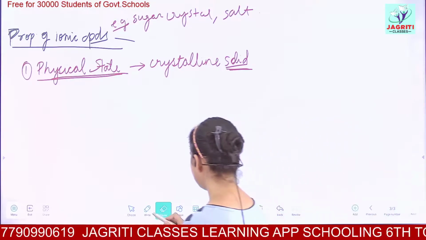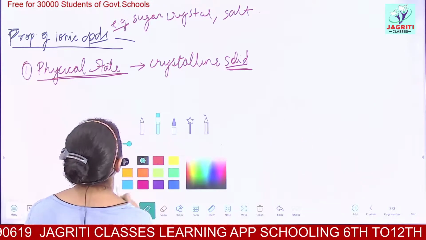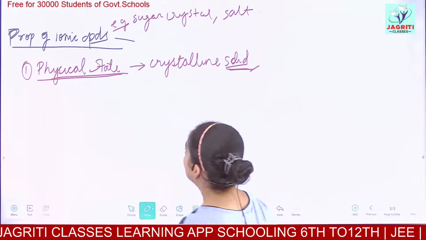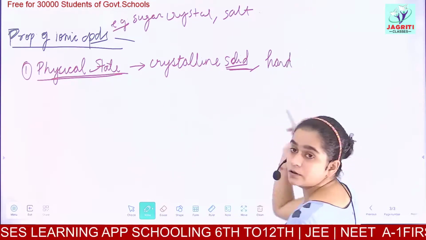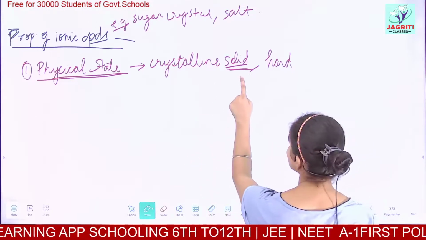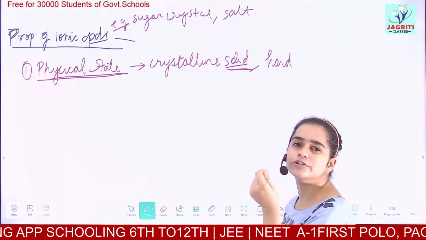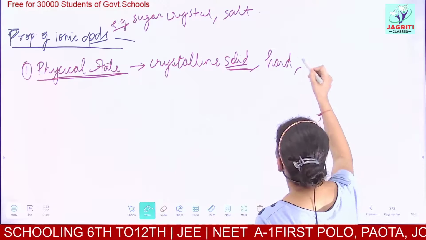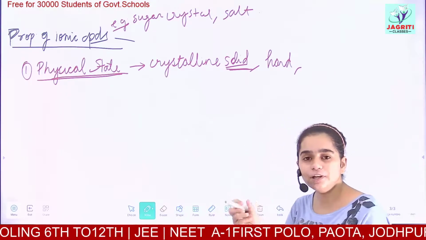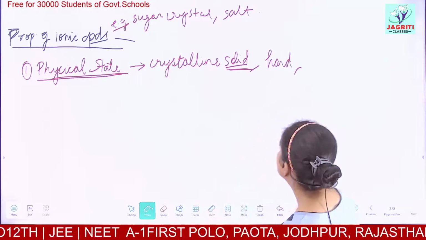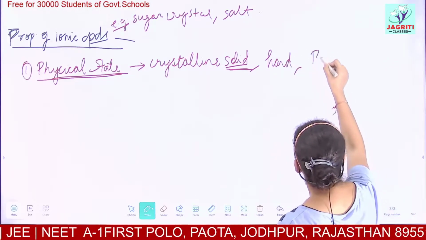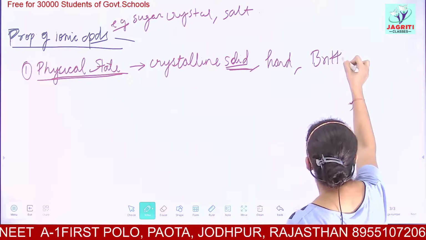Now the second property. One more property: these are hard in nature. Physical state, they are crystalline solid, then they are hard, not soft. But they are not that hard. If we try to break them, if you apply pressure, they will break. So they are hard, but they are brittle.